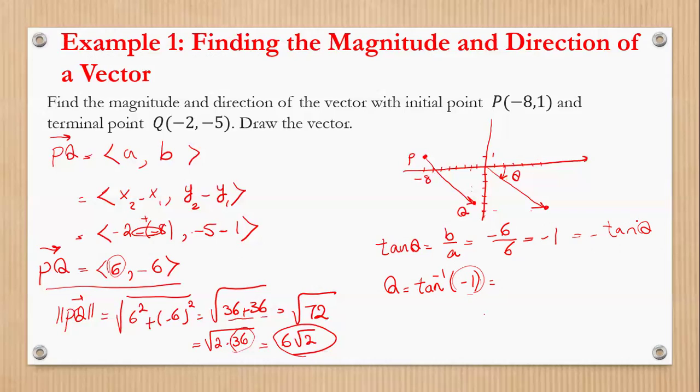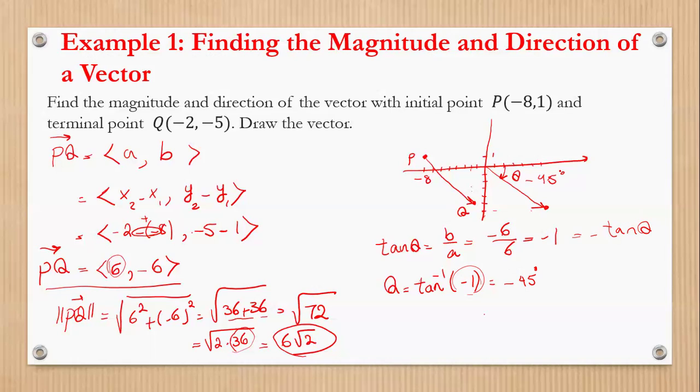We can bring the negative out. So what is an angle whose tangent is +1? It's 45 degrees. Now, since we have -1, we say -45 degrees. So this direction is -45 degrees. And you see that this angle is in a negative direction. That's why we show it like that.